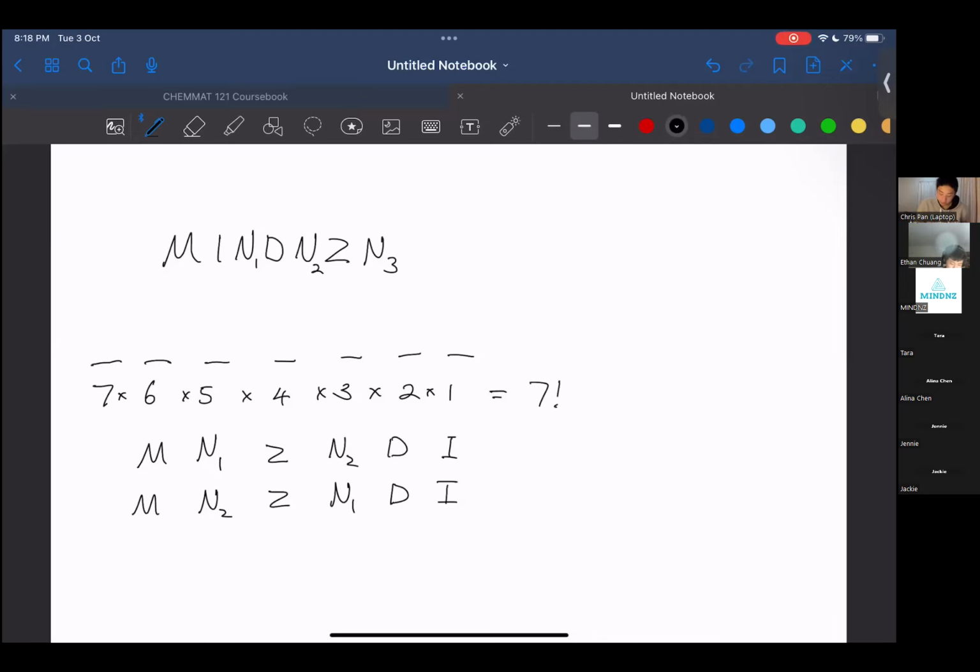But now we know that for each case, there are 3 factorial ways in which the n's could be arranged. They could be like this: n1, n2, n3, n2, n1, n3, and say n3, n1, n2, and so on.